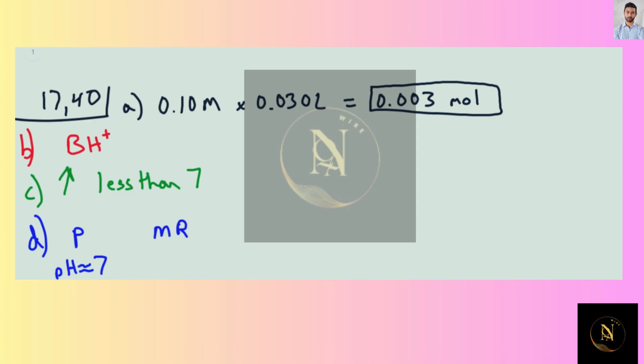For methyl red, the transition occurs from red to yellow around pHs of 4 to 6. Since we're working with an equivalence point with a pH of less than 7, methyl red would be the better choice for this titration.